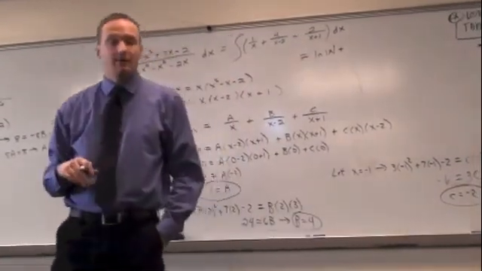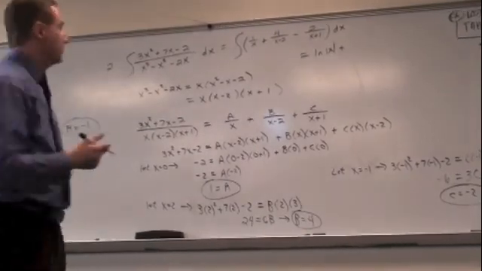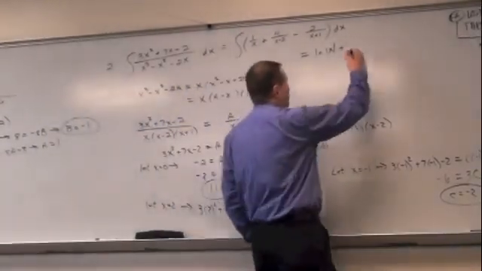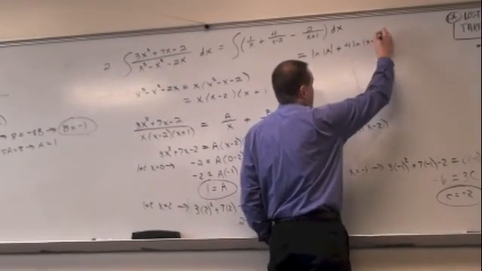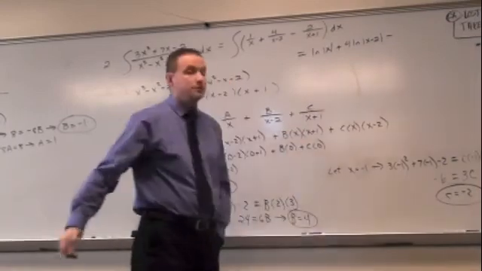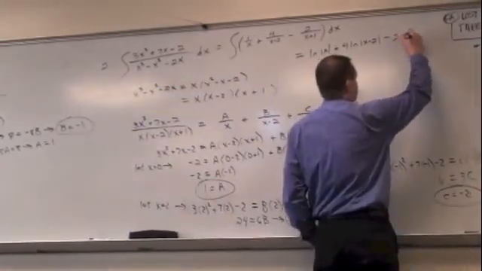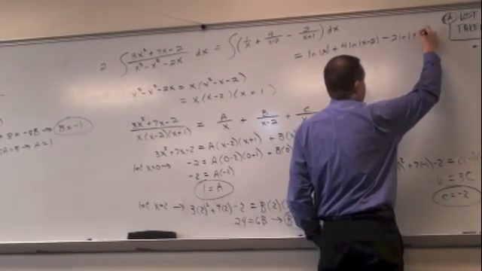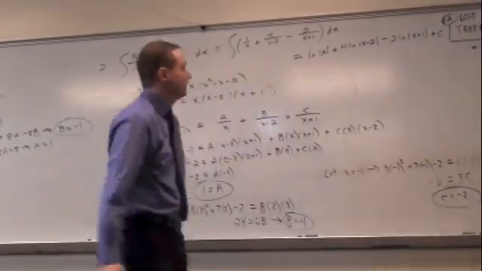Technically there's a 1 in the numerator, but it's 4 times 1. So I'll say this is 4 natural log of x minus 2. Minus 2 natural log of x plus 1. Plus the constant of integration.